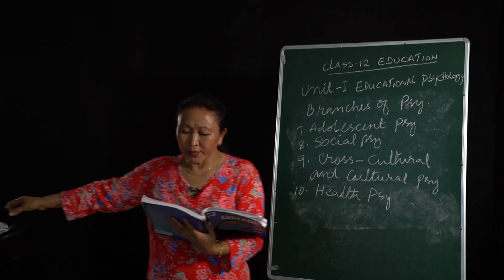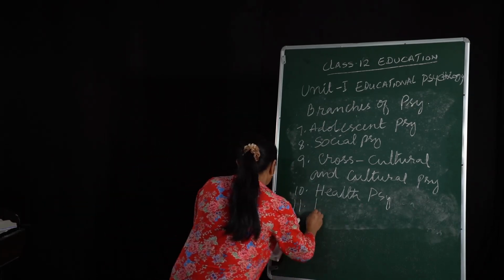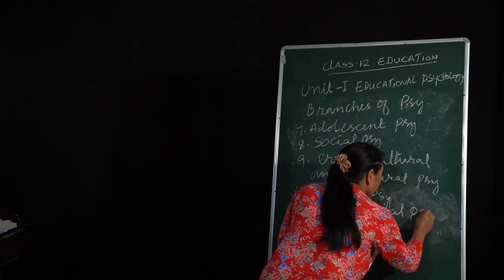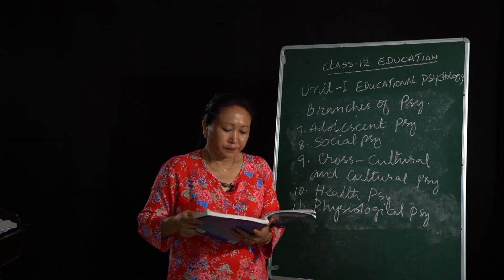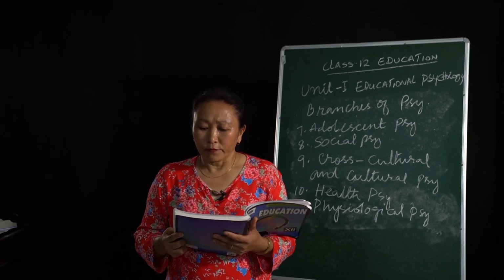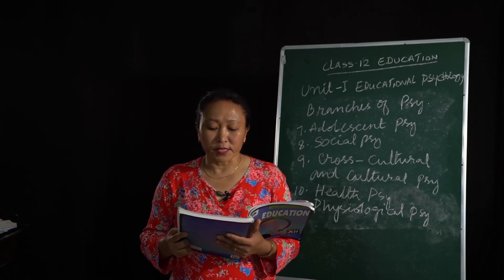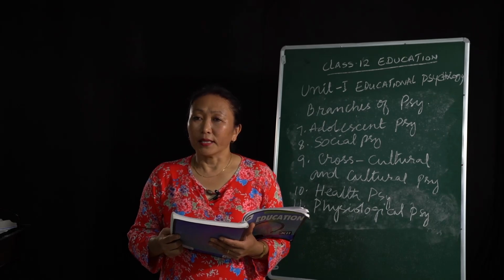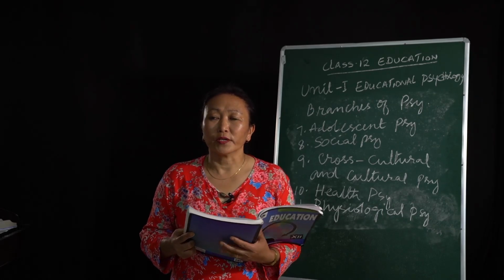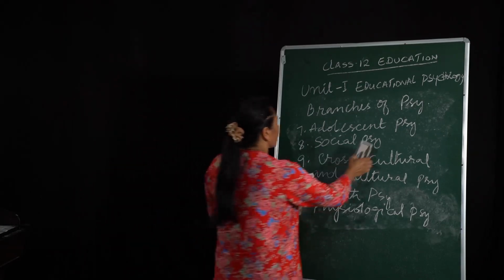And number eleven, physiological psychology. This branch describes the biological and physiological basis of behavior. It includes the brain, nervous system, and endocrine glands, and this in relation to the cognitive and affective behavior of the human being. And number twelve, we have clinical and counseling.